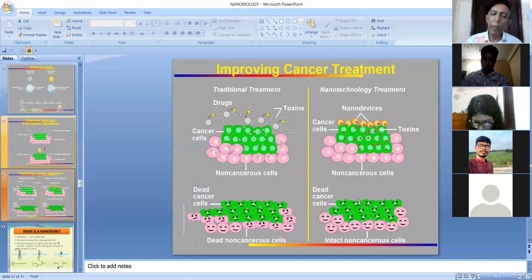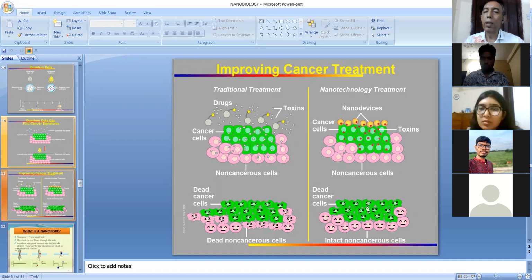But normally, say for example, what is the treatment of cancer? We generally use chemotherapy. In chemotherapy, the medicine destroys the cancerous cell as well as the good cells also.